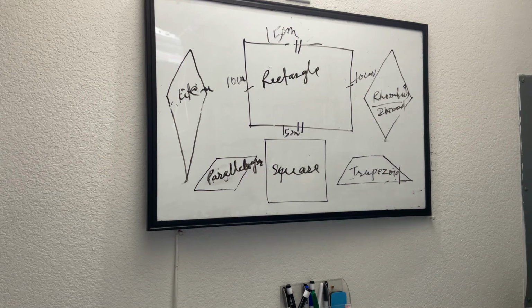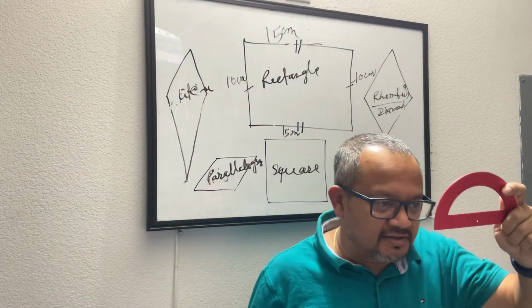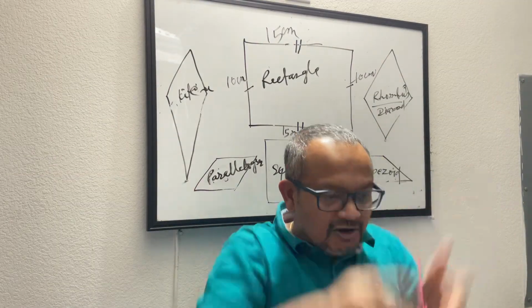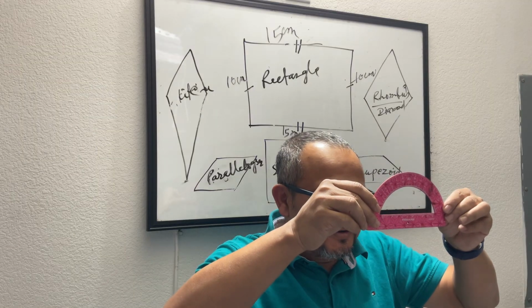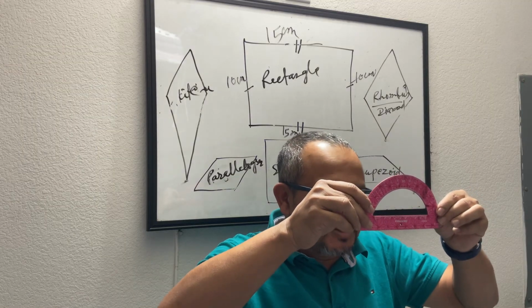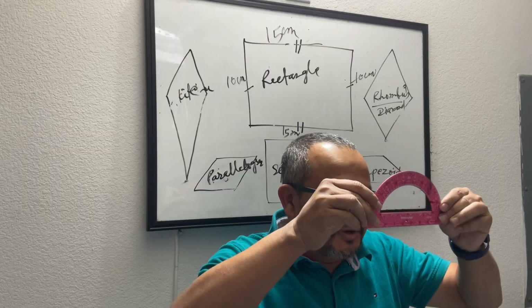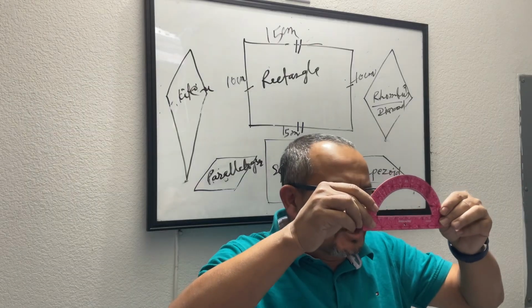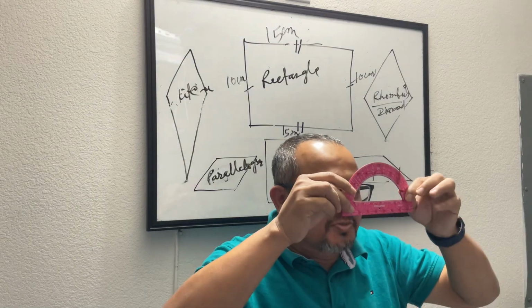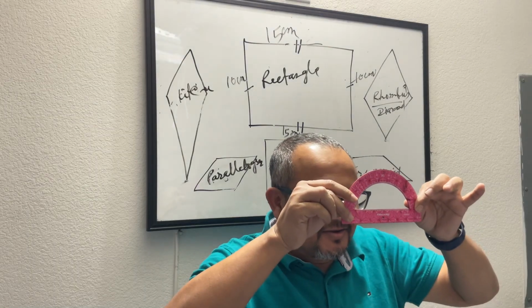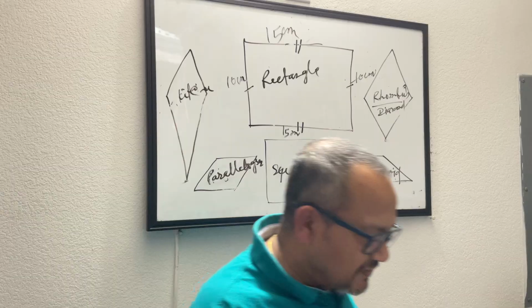There is a tool that is used for measuring angles. Do you guys know what this is called? A semicircle. It's a semicircle, but there is a name to this tool. It's called a protractor. Not a ruler. Anyways, you guys will learn about it.